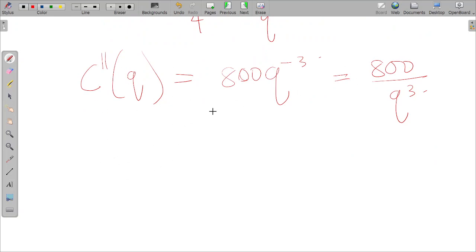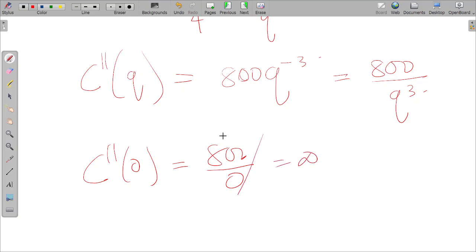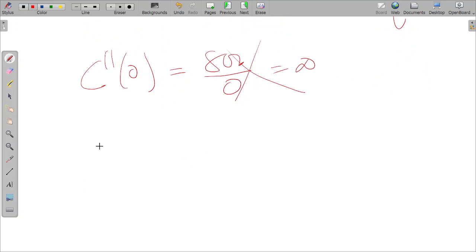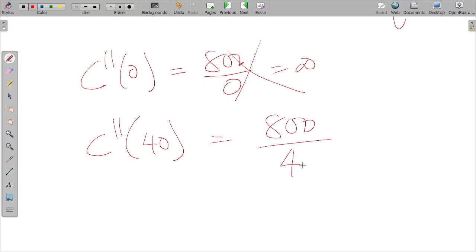Now I need to put the critical values into this second derivative. Of 0, obviously, we cannot have that one. That will be undefined. Now let's find it for 40. 800 over 40 will give us 20. All we are looking for is that it's greater than 0.